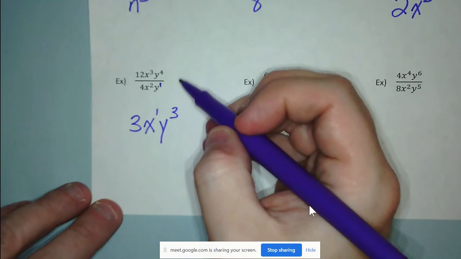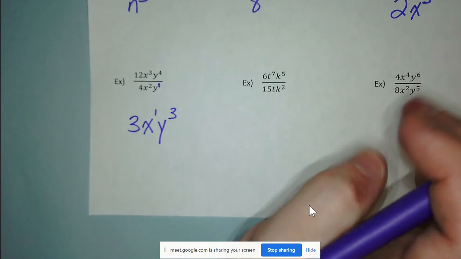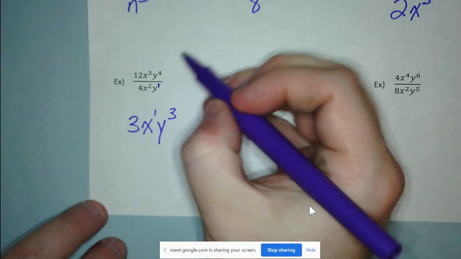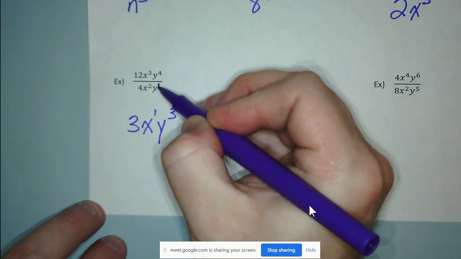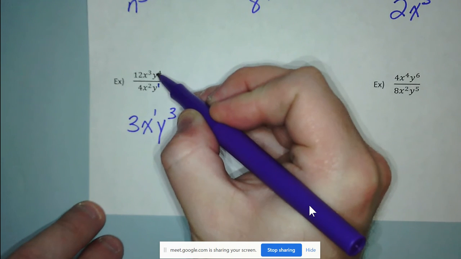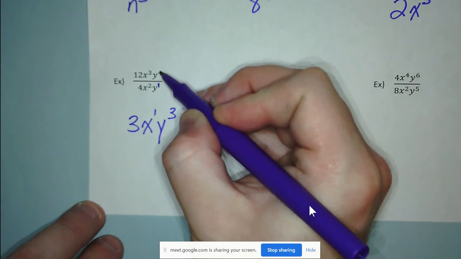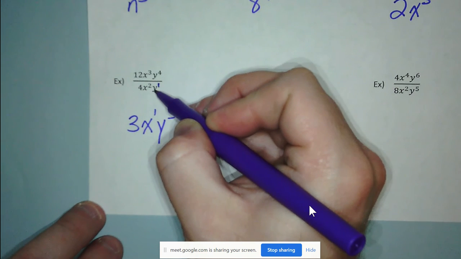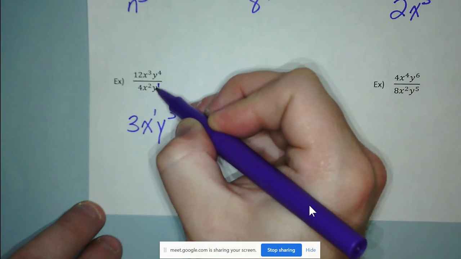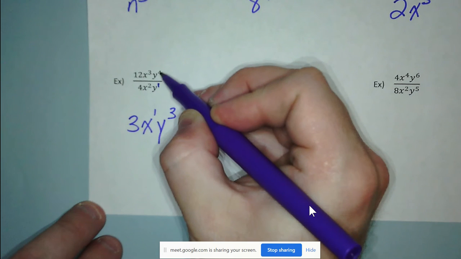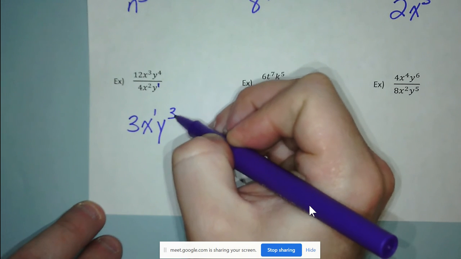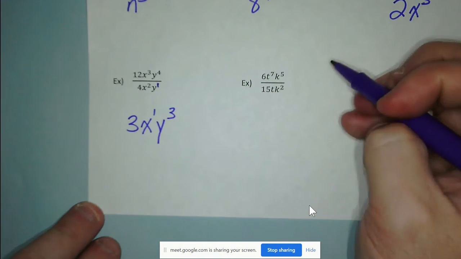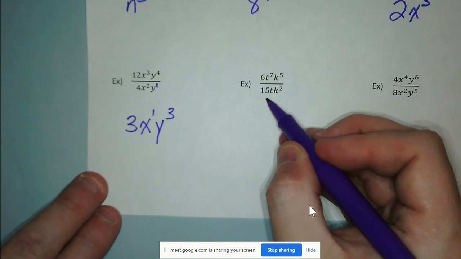You could also think about this from the perspective of having 4 y's up here, y times y times y times y, and 1 y down here, and this y cancels with one of the 4 y's up here, and you're left with y times y times y, or 3 y's, y to the third. Okay?